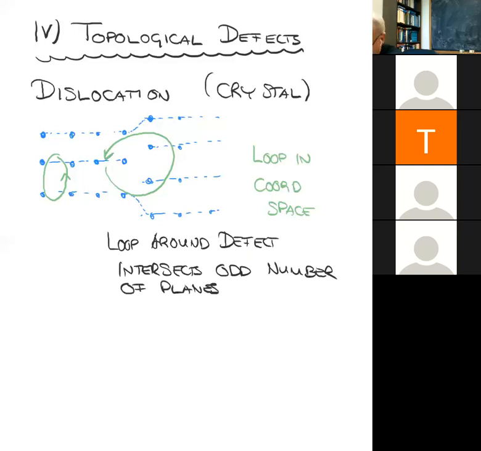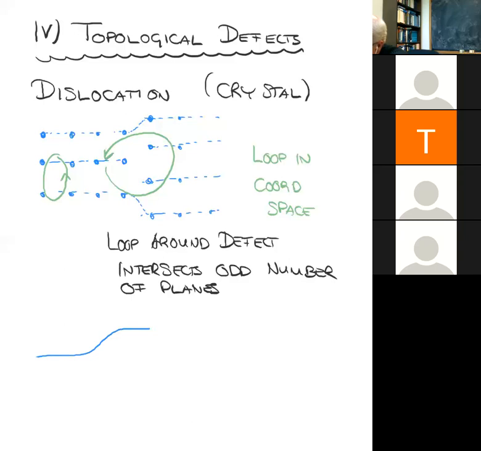And there's a very nice way to formalize this in terms of the mapping from real space to order parameter space that we've looked at. So let me try to draw the same picture again. The critical place that we're looking at is this thing in the middle where I have a crystalline plane coming in and it goes up.